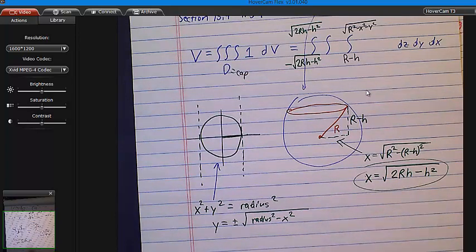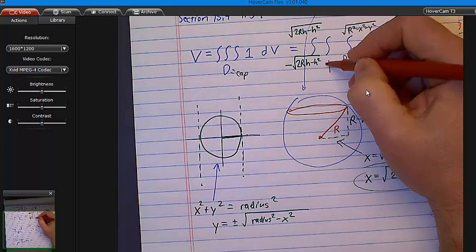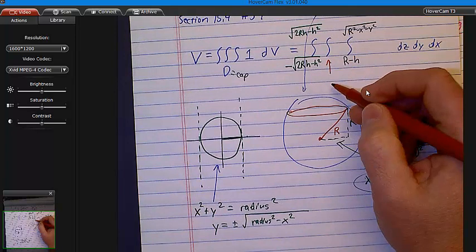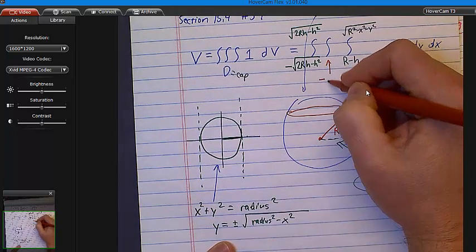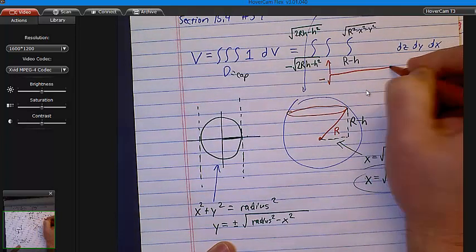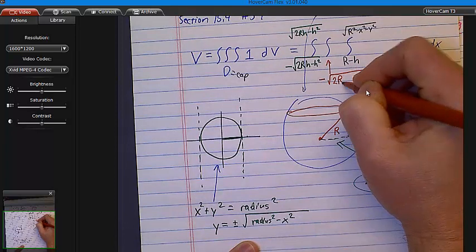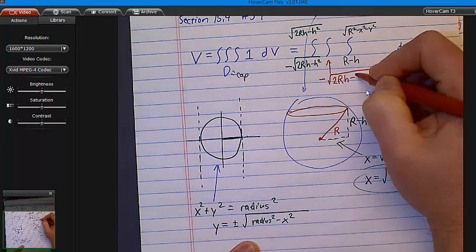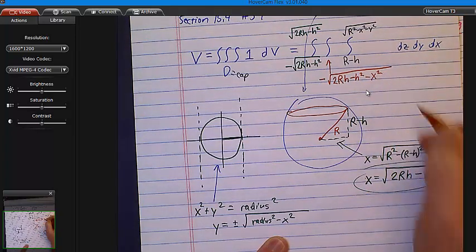So if you asked me, hey Paul, what goes in the middle integral here? I'll fill in the lower bound. It would be negative square root of radius squared, which is this stuff, 2rh minus h squared, and then minus x squared. So that's the function of x.